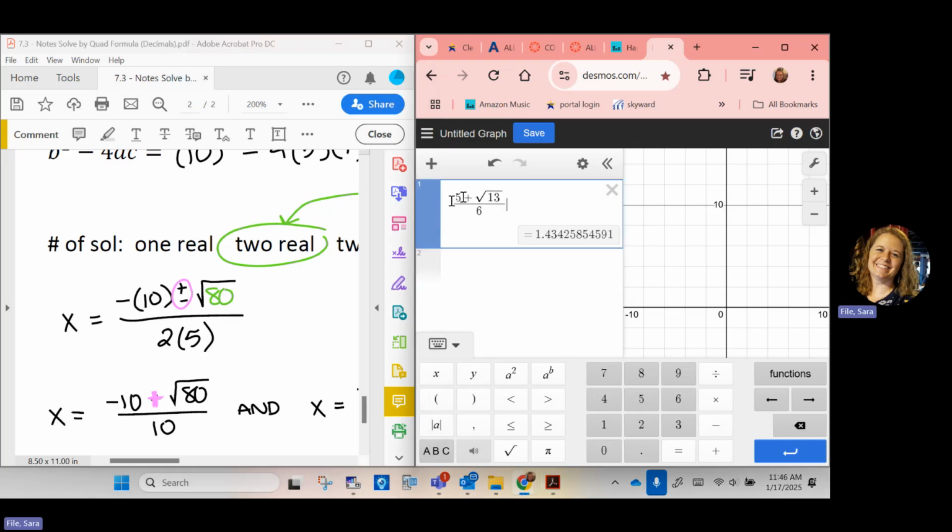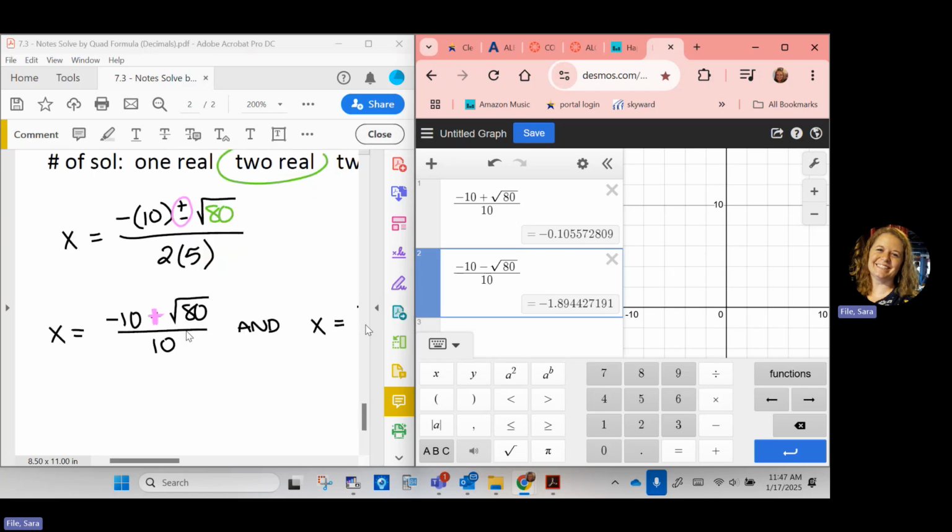So this is negative 10 plus the square root of 80 all over 10. Then I'm going to do that and change this to a minus. So these are the two values that I get.